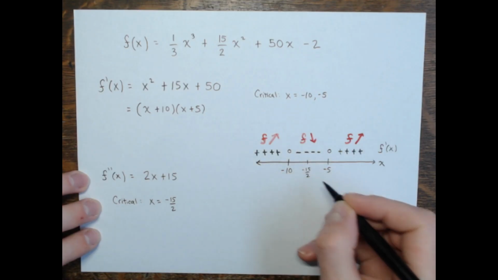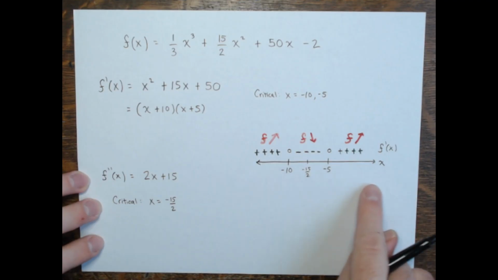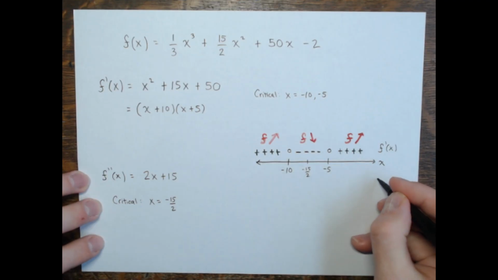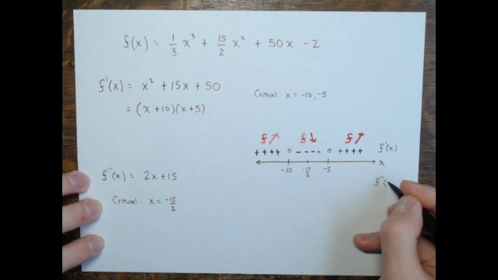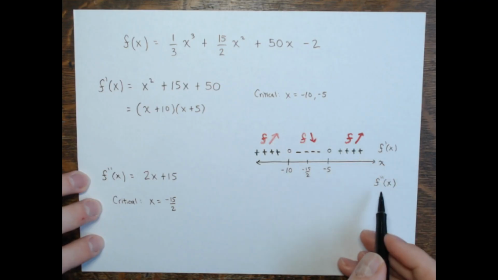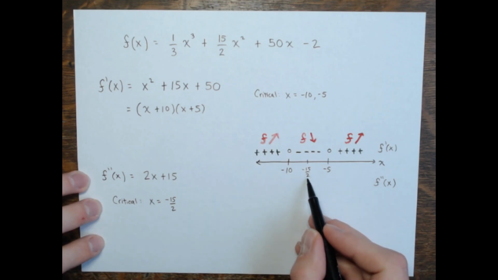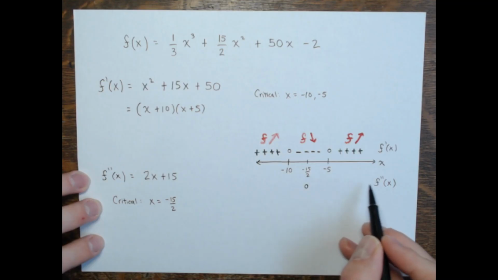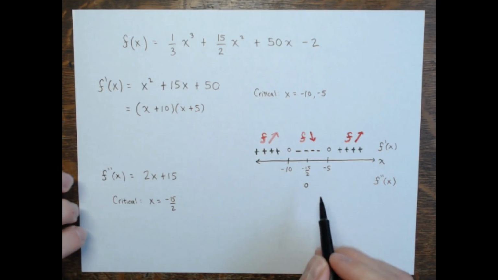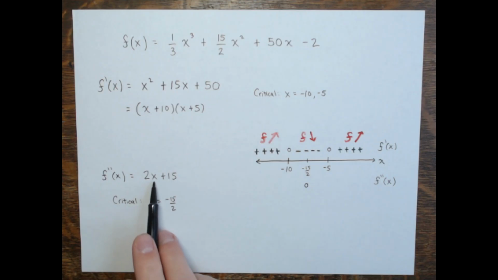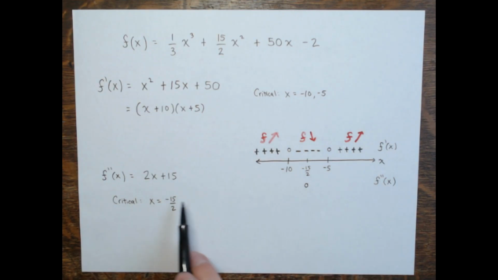Negative 15 halves. So on the bottom part here, I'm going to put the values of the second derivative. Be careful with the labeling, so down here I'm putting the values of f double prime. At negative 15 halves, the value of the second derivative is 0. Knowing what you know about linear functions, this is a positive slope, so it would be a line going up to the right.